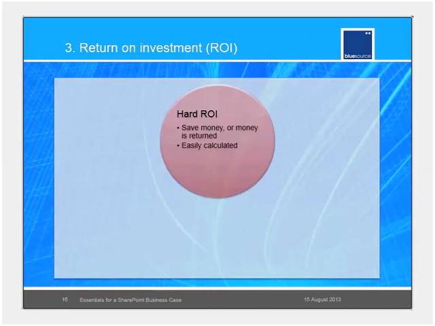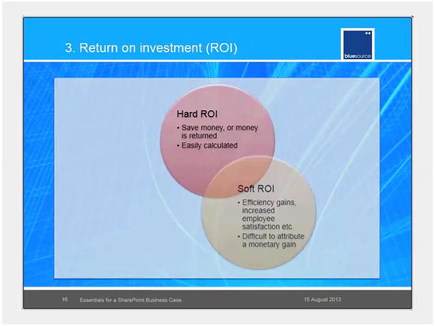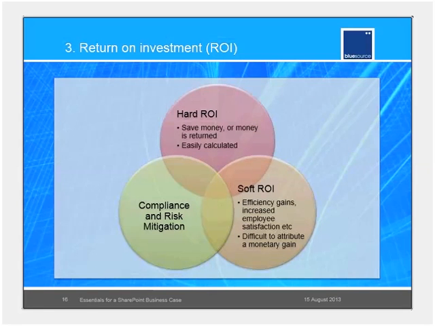So on to return on investment. There are 3 elements to return on investment, and all of these will be driven by the specific benefits that your organisation is trying to achieve. The 3 elements are hard or tangible return on investment. So this is where you save money or money's returned, so process efficiencies, or you're not having to pay for licenses.